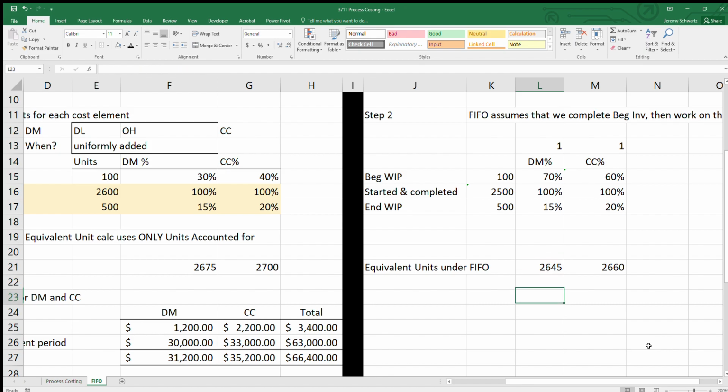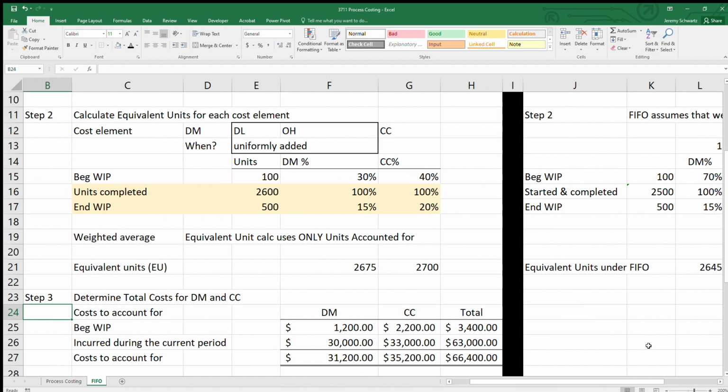So that when we get into steps 3 and 4, well, step 3, these costs are going to be the same. So we'll go back here and say step 3, total cost to account for, are the same.